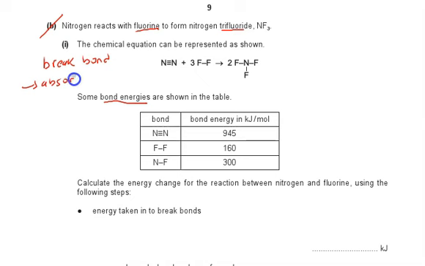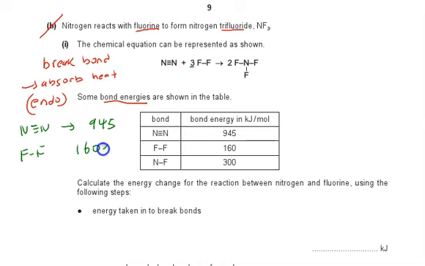If you absorb heat, it is called endothermic. So first we take nitrogen, triple bond, which is 945, and we have to take fluorine, which is 160, and here we have 3 molecules. When we add all, you will get 1425 kilojoules.